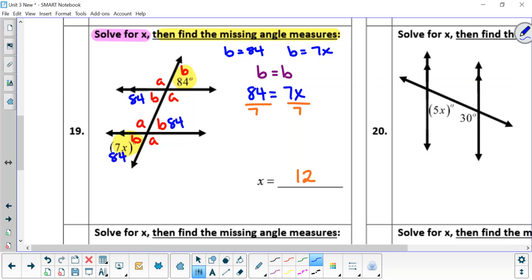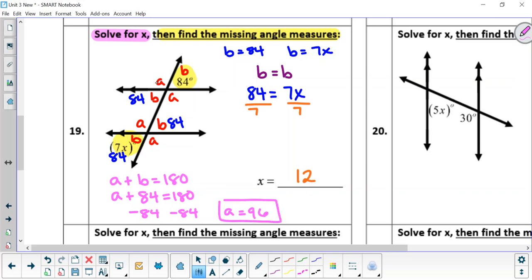But I still have to figure out what letter A is. So if I know B is 84 and I need letter A, I'm going to use my rule that says A plus B equals 180. A I don't know, but B I know is 84. So then I just have to subtract 84, and I will get A to equal 96.